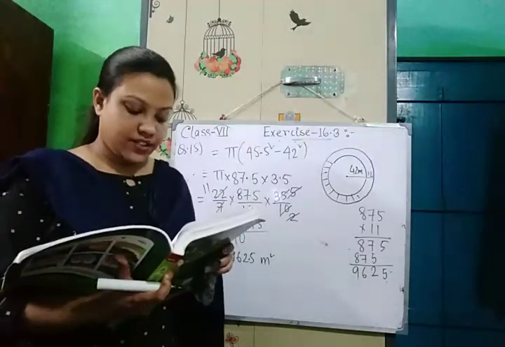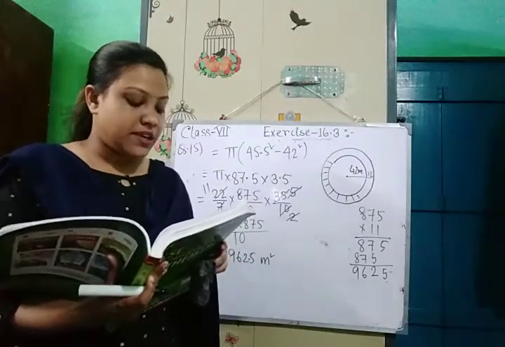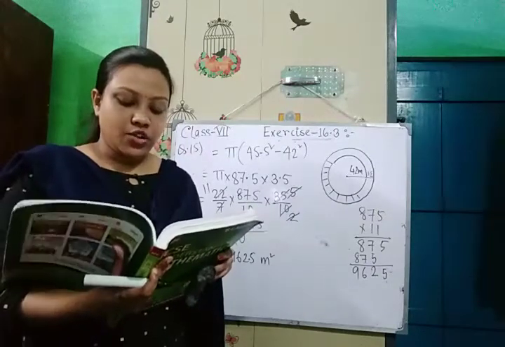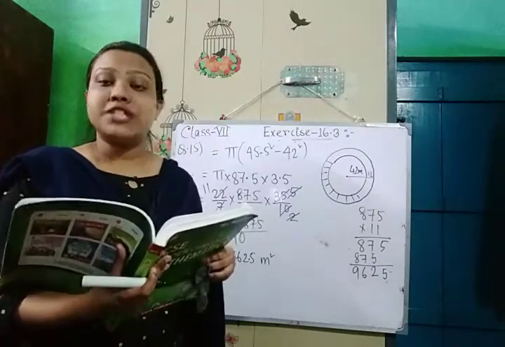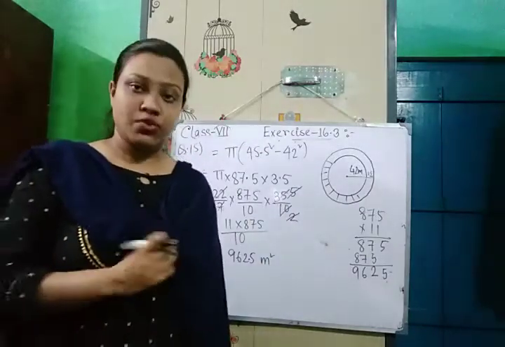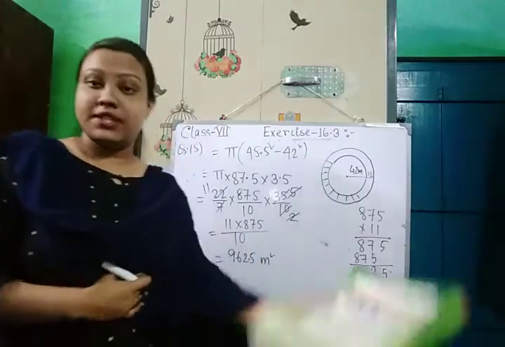Now it is asked in the question. The area is not asked, but it's asked that find the cost of constructing the road at rupees 240 per meter square. So to construct 1 meter square, the cost is rupees 240. So what is the cost of constructing 962.5 meter square?